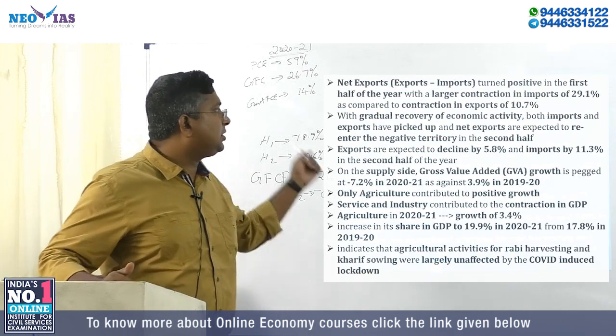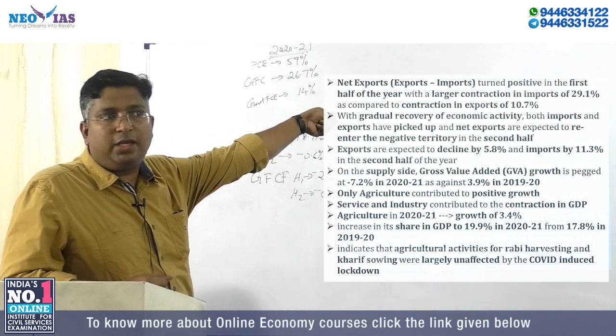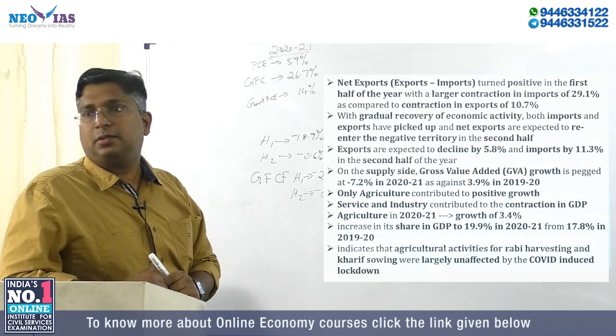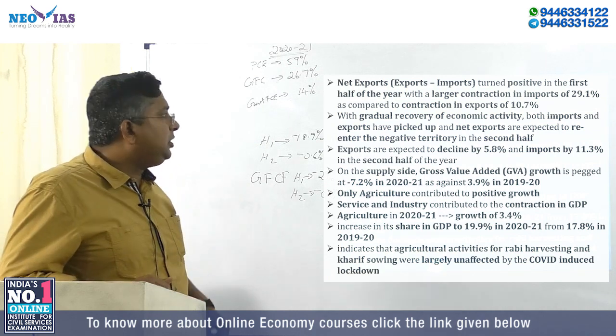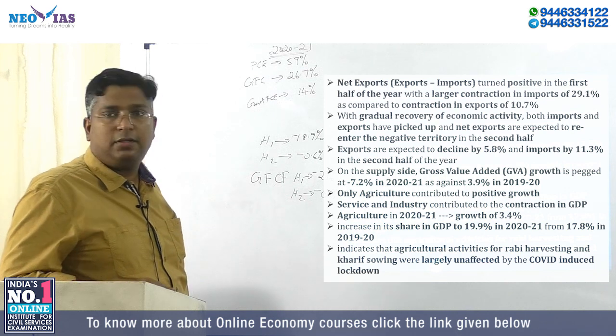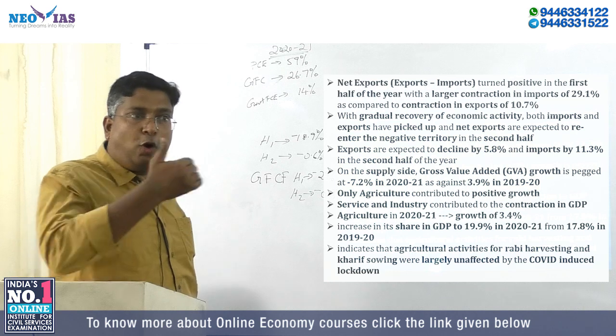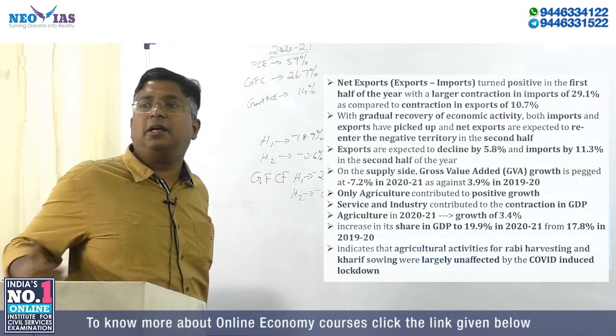Now net exports. In this economic survey, they are showing export minus imports. Net exports turned positive in the first half of the year. Why did net exports turn positive? Because the fall in imports is much steeper than the fall in exports.